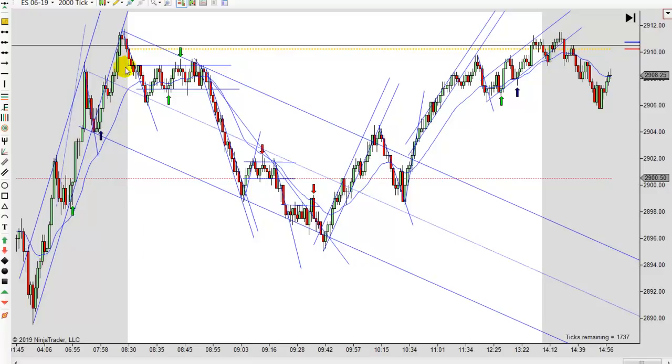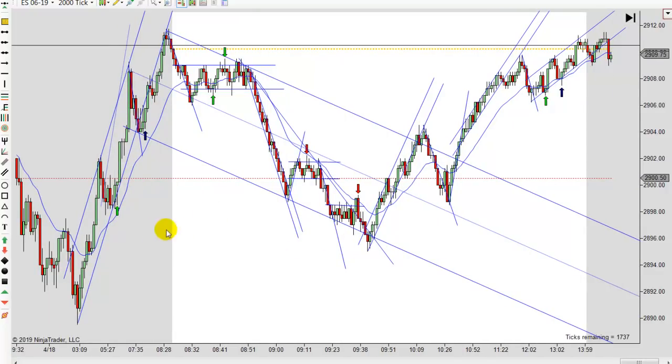You get a nice trend up, a nice trend down, then another trend up, and this one was a relatively strong couple of moves up here. And of course, once we ran into the resistance up here, we're still hovering around that 2900. The red line is the close from yesterday.